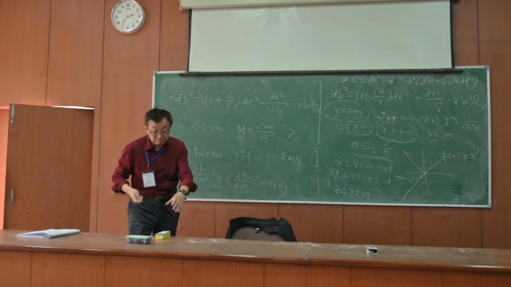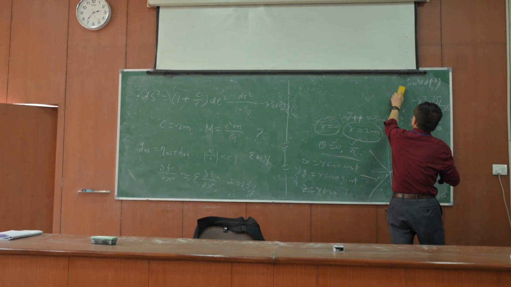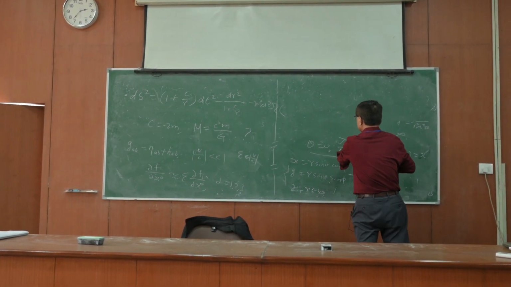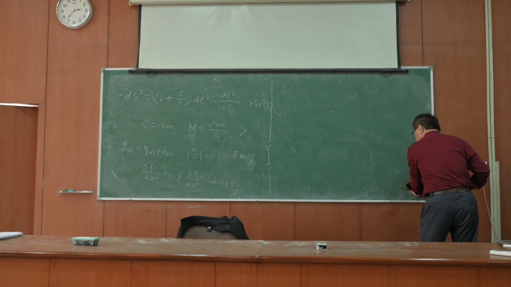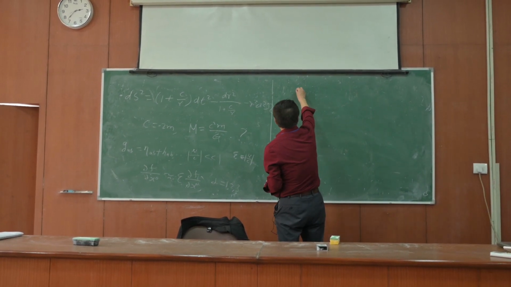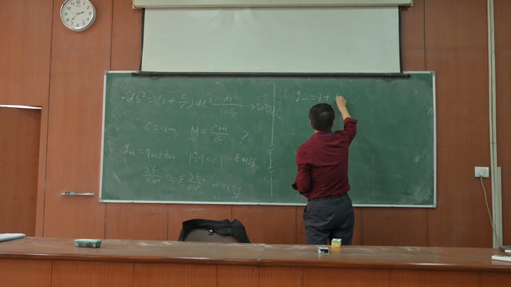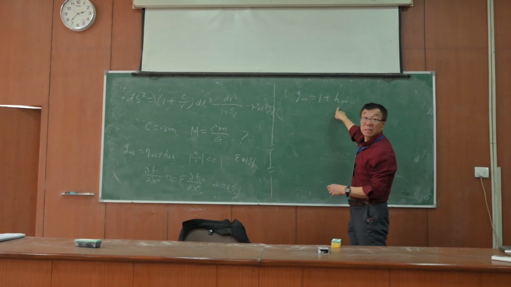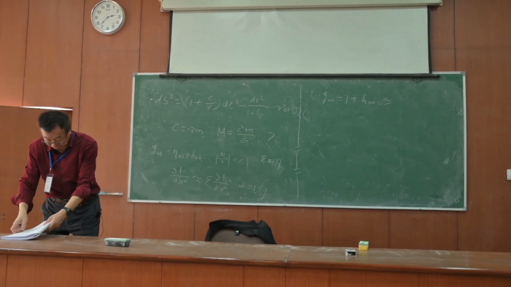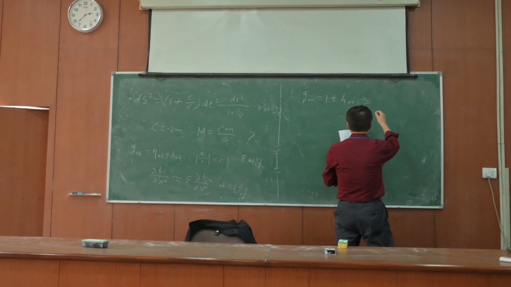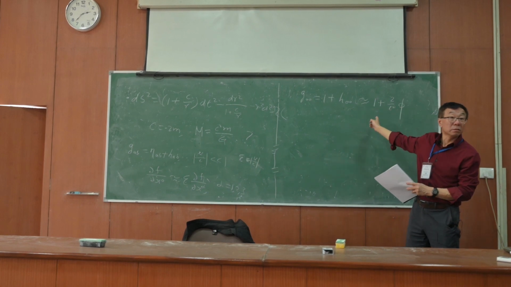Then you will see that in this unit, g_00 is equal to 1 plus h_00, which is about 1 plus 2 phi over c squared. This is the Newtonian potential.